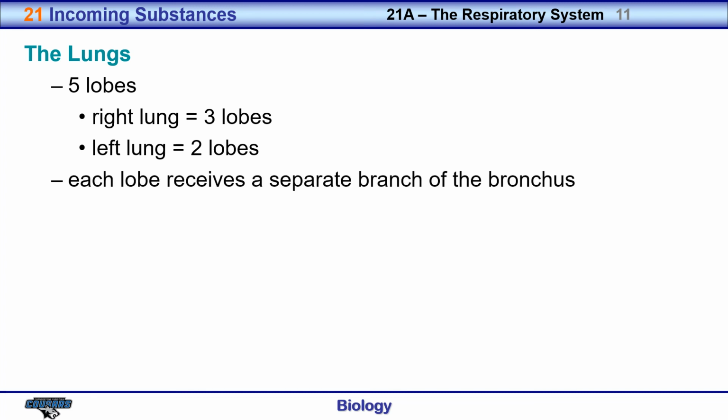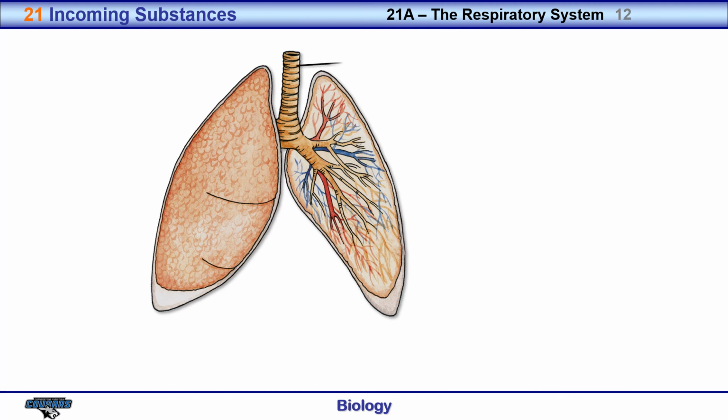Now, each lobe of the lung receives a separate branch of the bronchus. Bronchus is singular, bronchi is plural. And then each bronchus divides up into bronchial tubes. So here's your trachea.